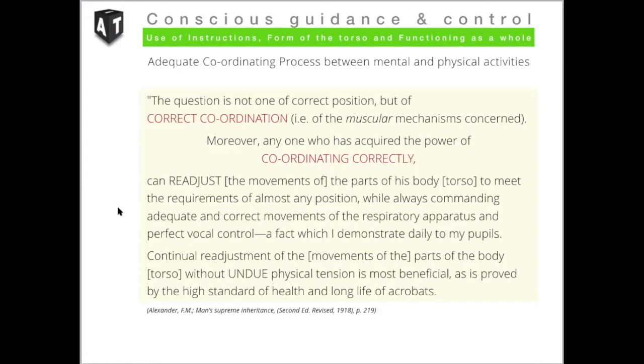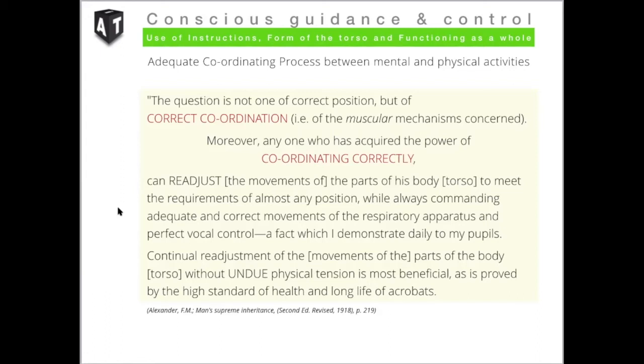You have to be crazy to think that you could direct some influence toward a joint. No, but you can decide how you want the different parts of the joint to move relative to the other. So yes, you can readjust the movements of the parts of the body.